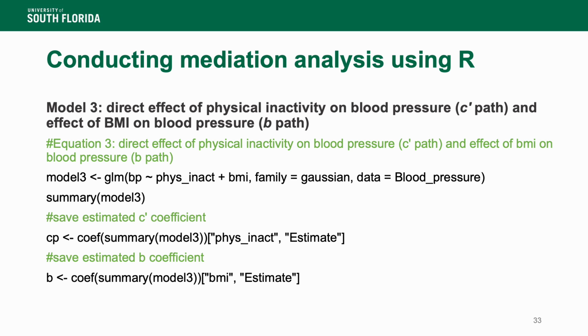So to save the C' coefficient, we need to make sure that we specify phys_inact, estimate at the end of this line of code. Then we also want to save the estimated B coefficient, so we do that under the name B, and we can see here at the end of this line of code that we tell R to save the coefficient for BMI.